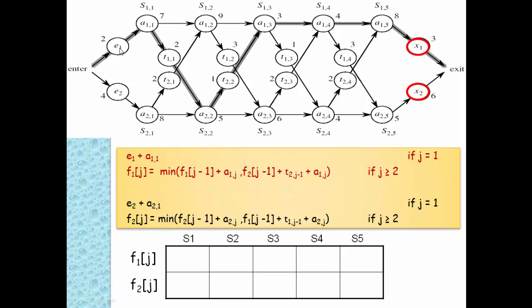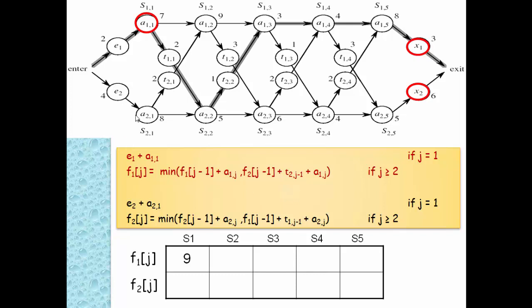For example, if we choose E1, we will move to assembly line number 1 and station number 1. The required time for station number 1 is 7 and the required time for our entry gate is 2. So 2 plus 7 is equal to 9. So when we move to station number 1 of line 1, the required time is 9.